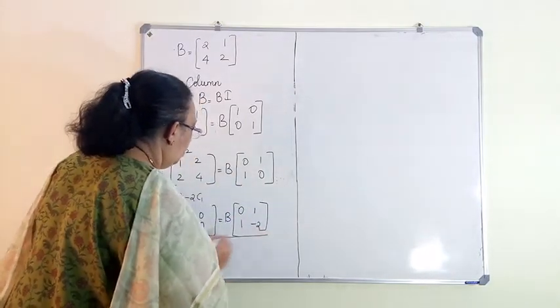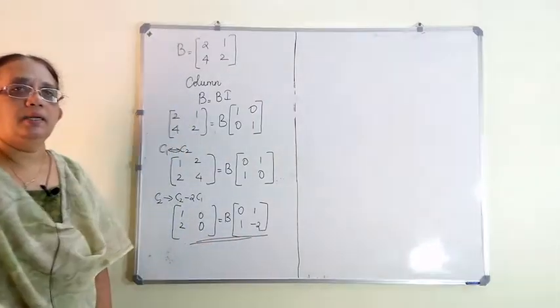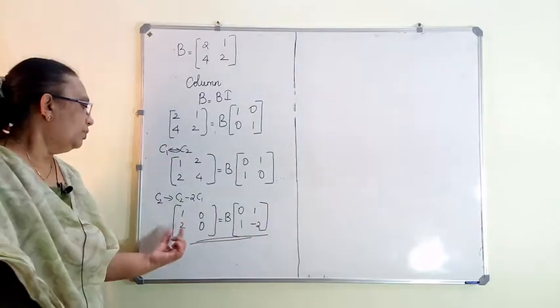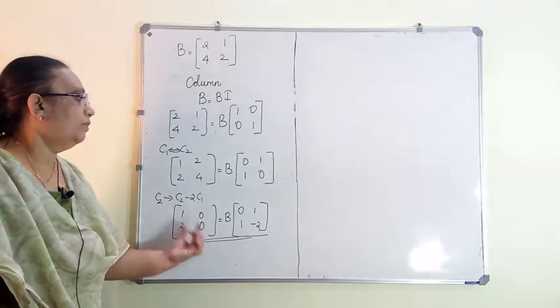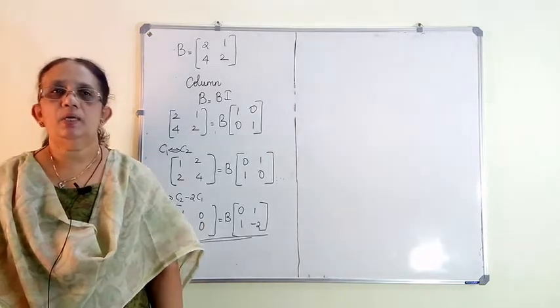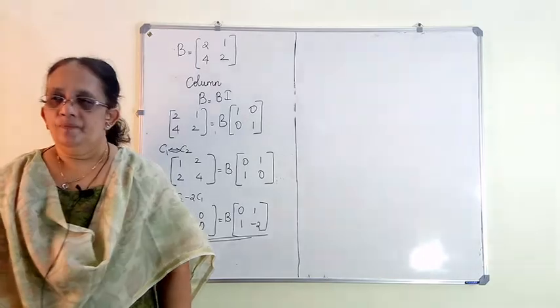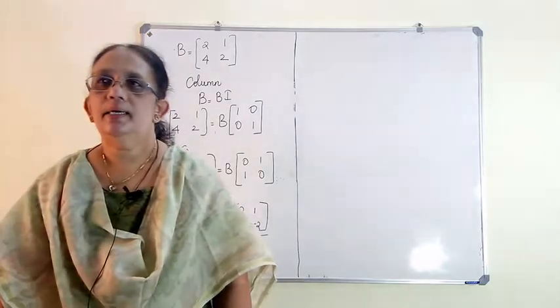So what can you say over here? Inverse does not exist because the 2 elements of the column are all equal to 0. So inverse does not exist. So I hope it's clear to you.